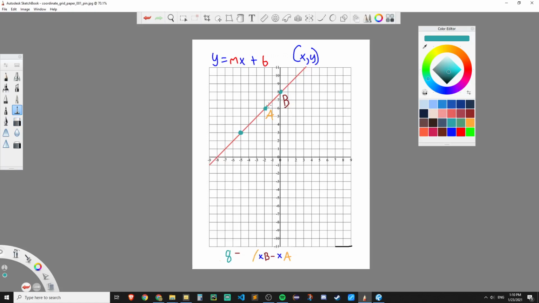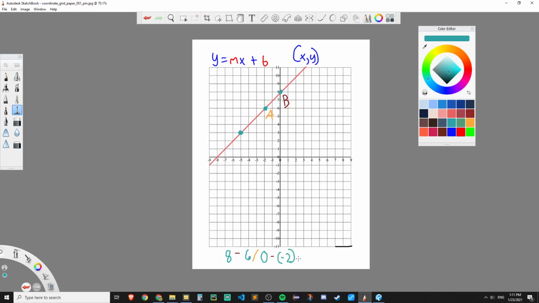It is 6. Same for our XB and our XA. What is our X coordinate for our B? 0. What is our X coordinate for our A? The X coordinate for our A is -2.